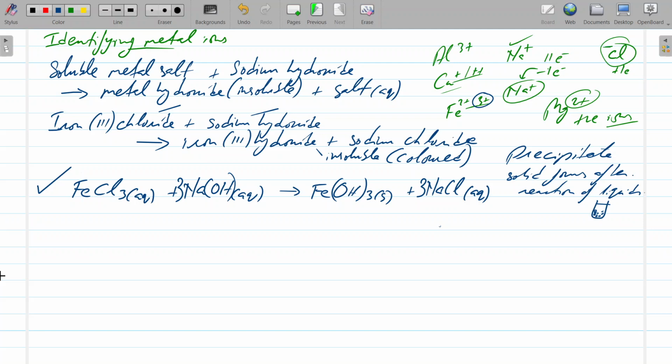So, there's another thing that they're giving over here, which is the ionic equation. The ionic equation is only going to deal with the ions of interest. What we're interested in is the iron and the hydroxide, which gives us iron 3 hydroxide. Because it's iron 3, what will the ion of iron look like?